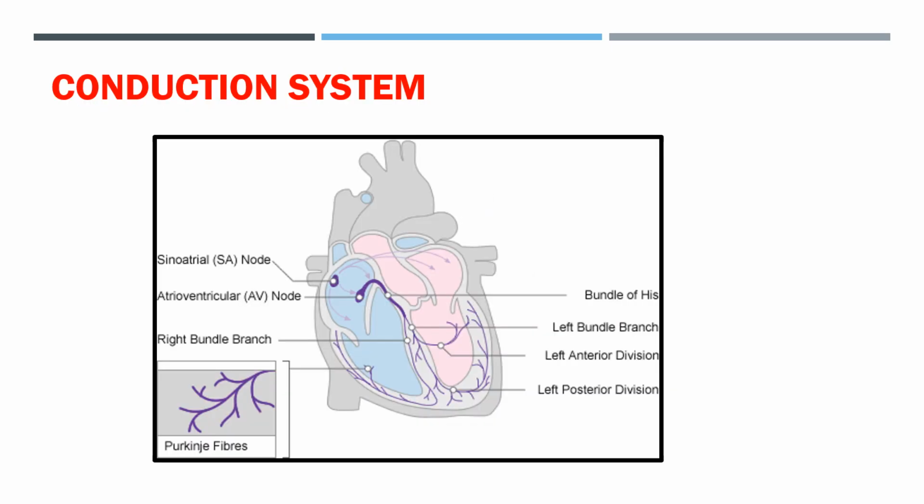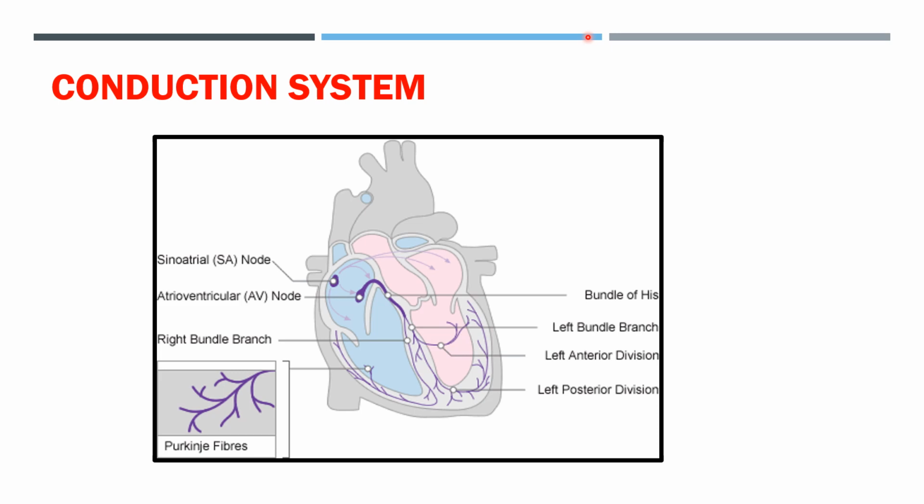Next, let's see the conduction system. The conduction system of the heart, that is the electrical conduction system, consists of specialized muscle cells found in the heart that send the signal produced in the SA node, or sinoatrial node, to the ventricles, till the ventricular muscles.